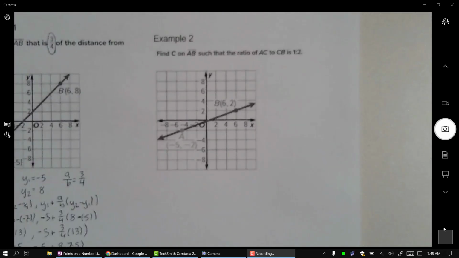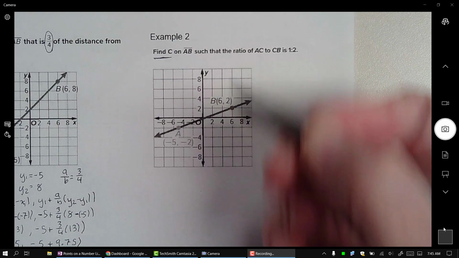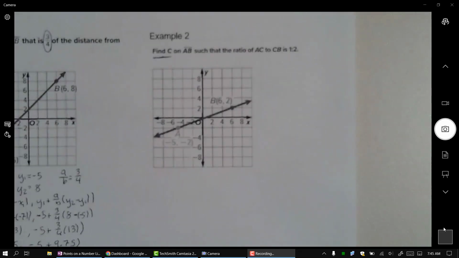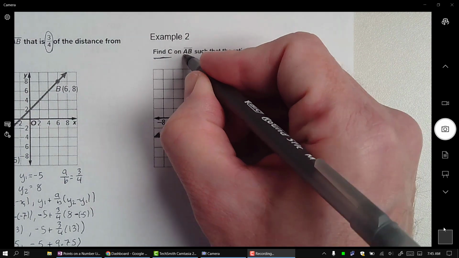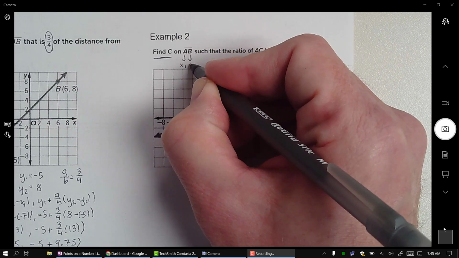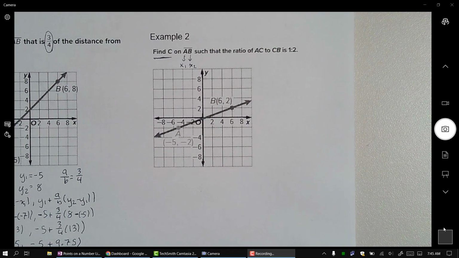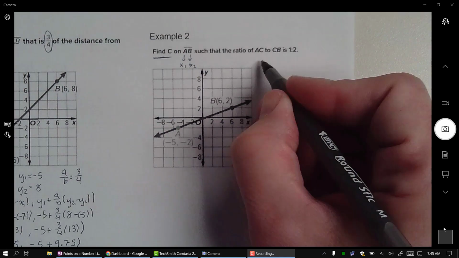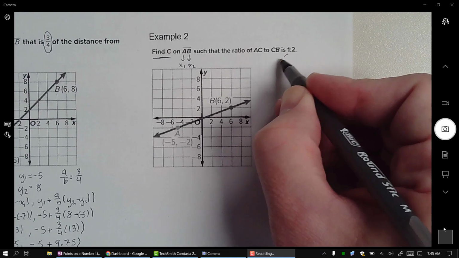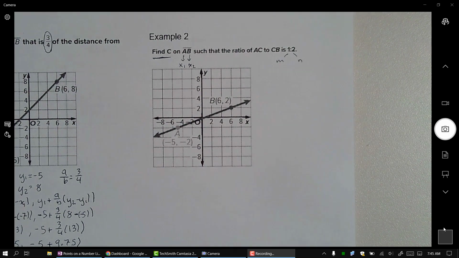So it says find C. So again, C is going to be my middle for this example on AB. So A is going to be my first one, so that's going to be my x1. B is going to be my x2. Such that the ratio of AC to AB, so 1 is going to be my m, 2 is going to be my n. So let's start labeling out the points that we have.